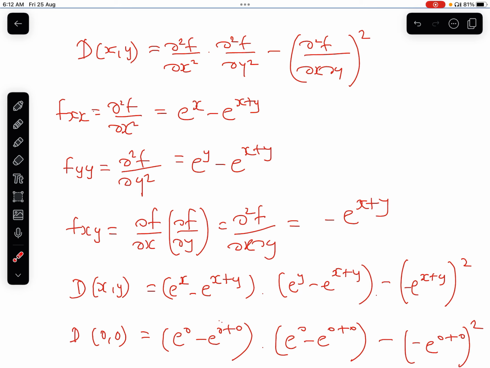While substituting in these formulas, these values we already found. Now substituting in the formula, we will get the answer as this, and while substituting the coordinate point 0 comma 0, every x and x plus y will become 0.